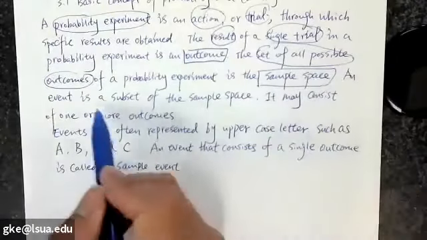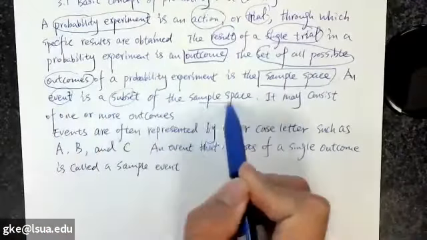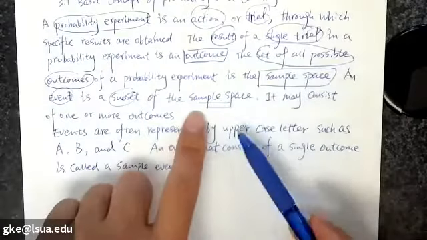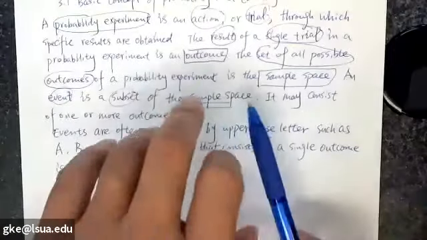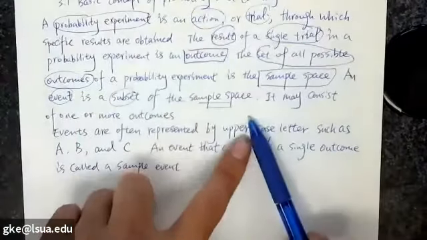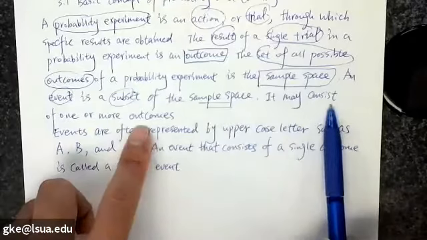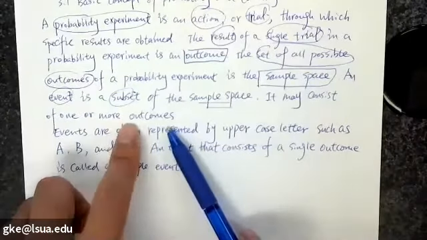Event, first of all, is a subset of the sample space. So what it means is, you've got a sample space and you just pick some of them from the sample space. It may consist of one or more outcomes.